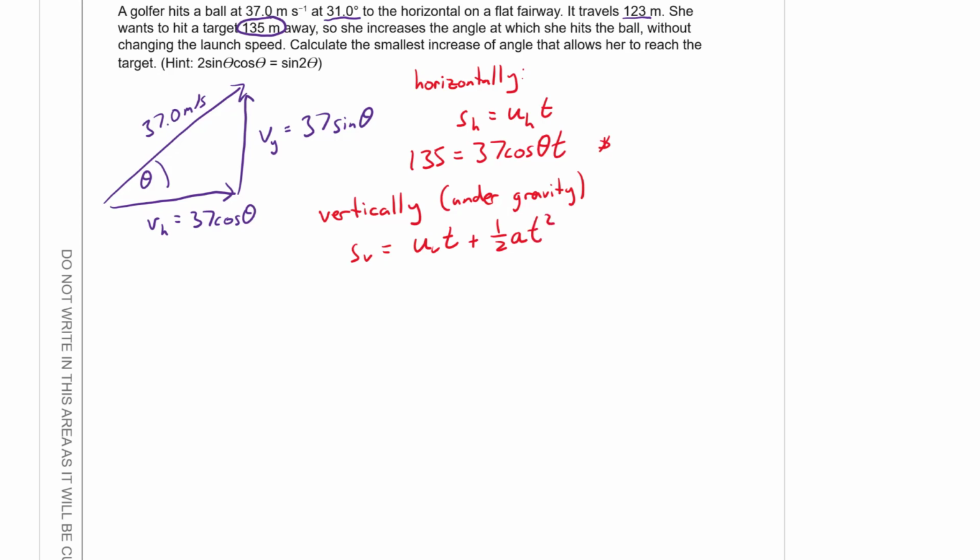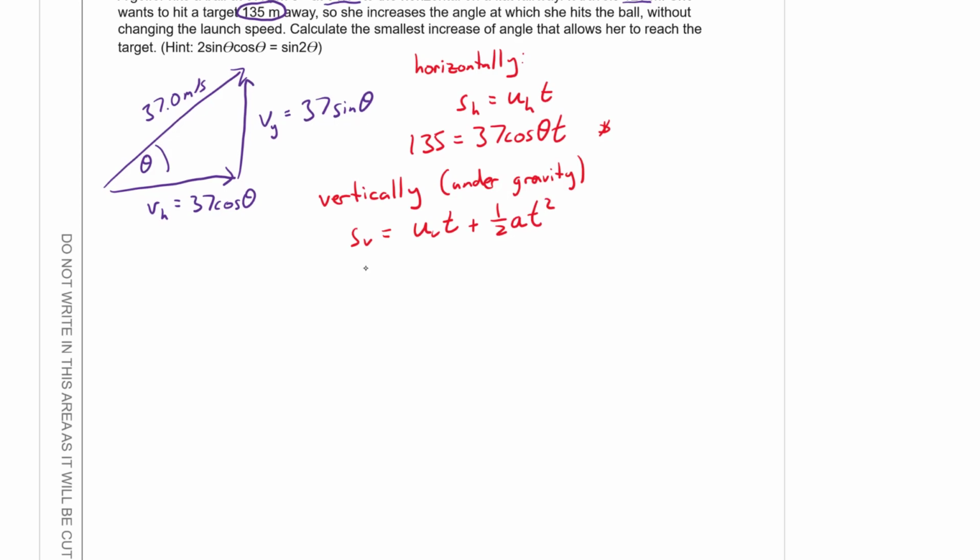So I can sub in those values. The vertical distance the ball travels, it actually ends up in the same location vertically, so we can say 0, and that's going to be equal to 37 sin theta t, and instead of a half a, I can say minus 4.9 because it's gravity, t squared. Okay, so now I've got this one too.